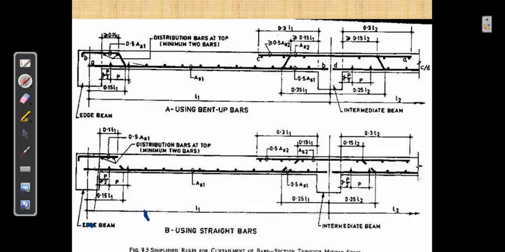See, 0.15 into L1. The curtailment details here: this is the 0.5, this one will be the distribution bars, and the dotted line will be the main bar.